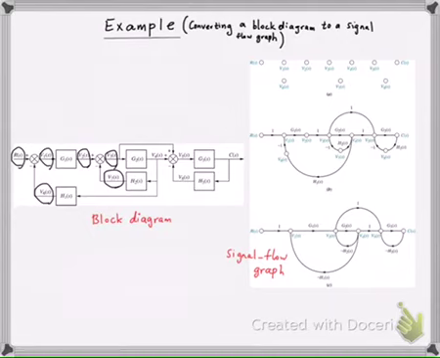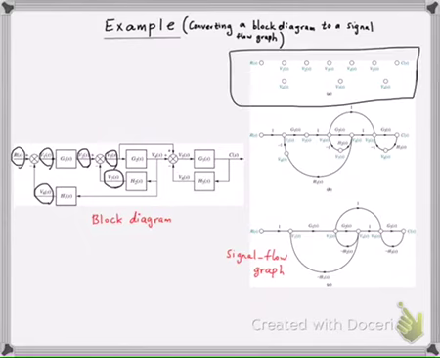So now, the first step in converting a block diagram to a signal flow graph would be to just show how these signals are located with respect to each other, and that's what you see here.